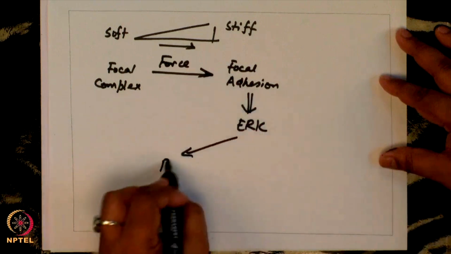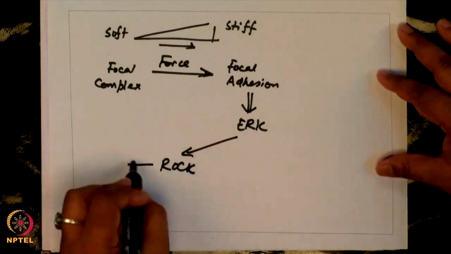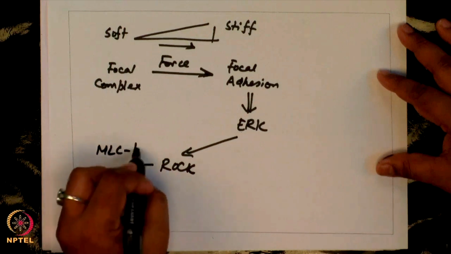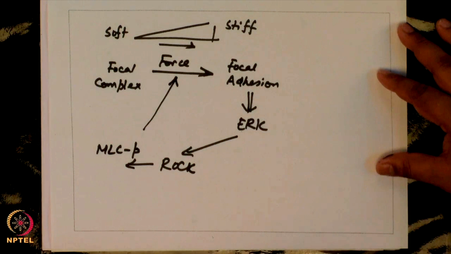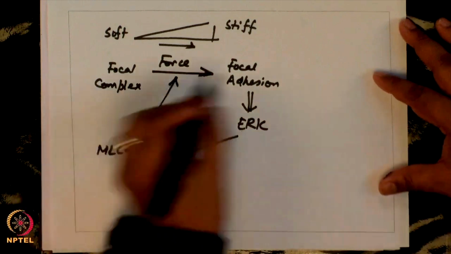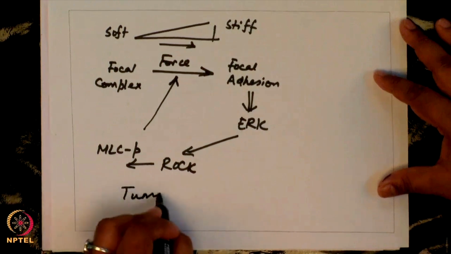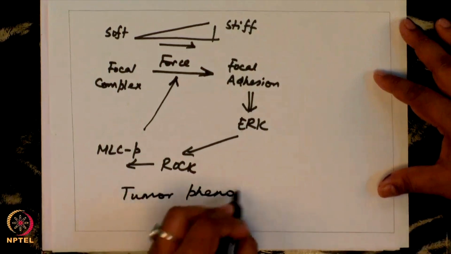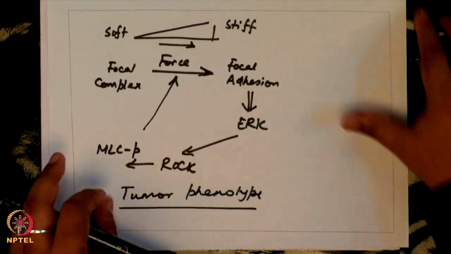This activates ROCK, and this ROCK activates myosin light chain phosphorylation, which again feeds back to strengthening focal adhesions. So, this entire cycle is essentially leading to this tumor phenotype. It drives the tumor phenotype. This was the first demonstration in vitro that an increase in stiffness can induce cancer invasion.